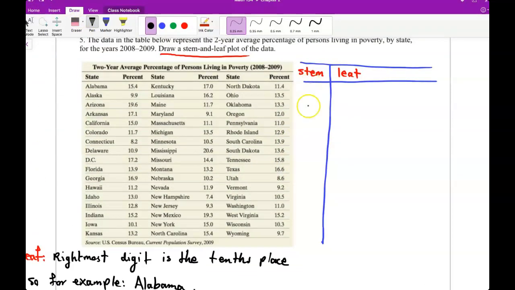Okay, so I'm going to write all these numbers in order. We have 7, 8, 9, 10, 11, 12, 13, 14, 15, 16, 17, 18, 19, 20. So we have all these numbers here in this table.